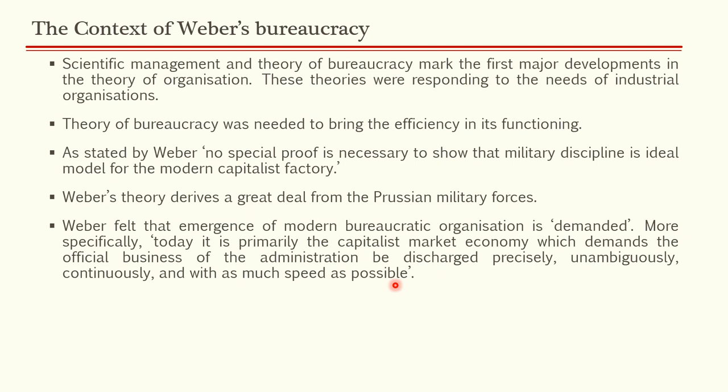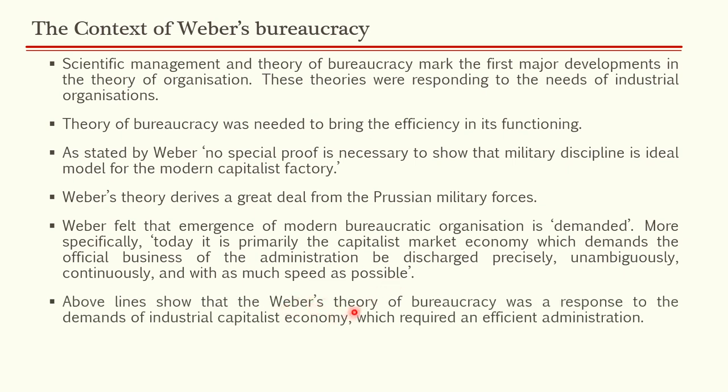And this is why we need bureaucracy. This is what Weber said. Above lines show that Weber's theory of bureaucracy was a response to the demands of industrial capitalist economy. Because of industrial revolution, whatever the capitalist economy was on the rise, Weber's theory of bureaucracy was a response to that, which required an efficient administration.